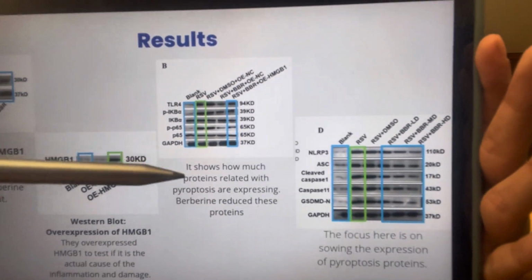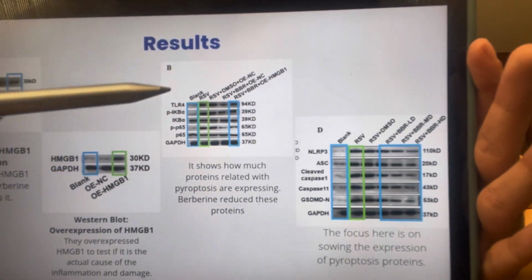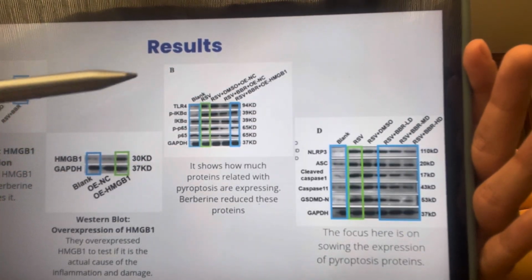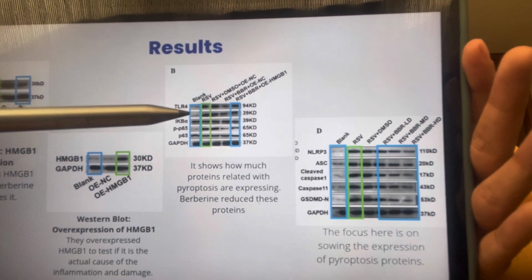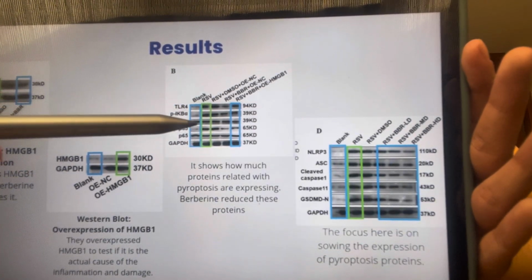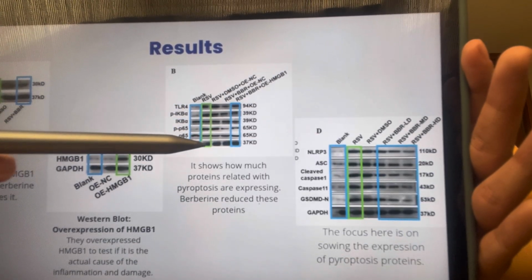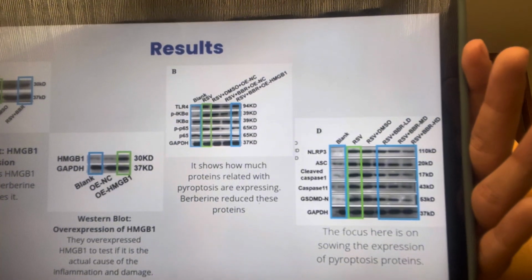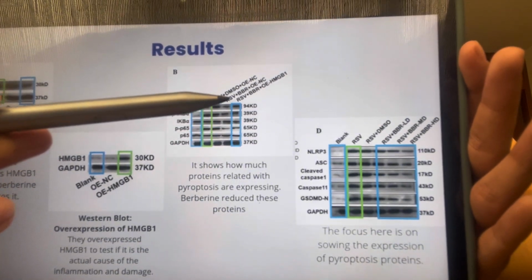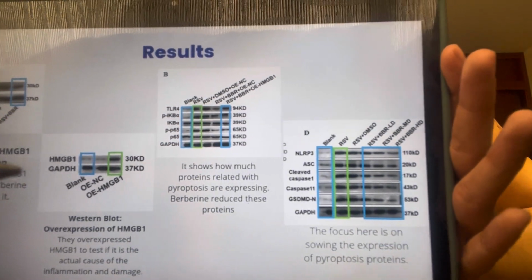Now here they wanted to measure some pyroptosis proteins. So as you can see, here is our blank cell that will not express this protein. Then they infect the cells with the RSV, and they will start expressing those pyroptosis proteins. But when they start using berberine, you can see a reduced effect.